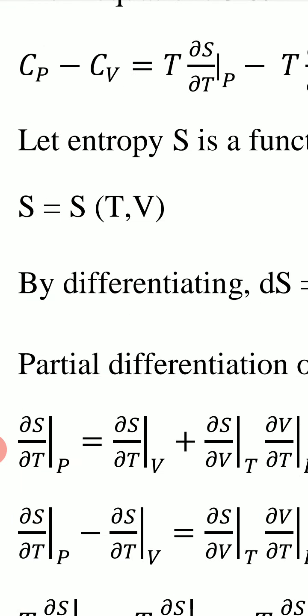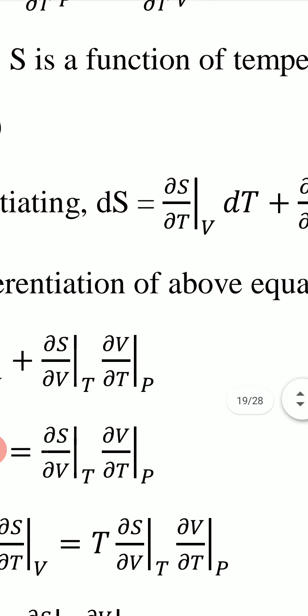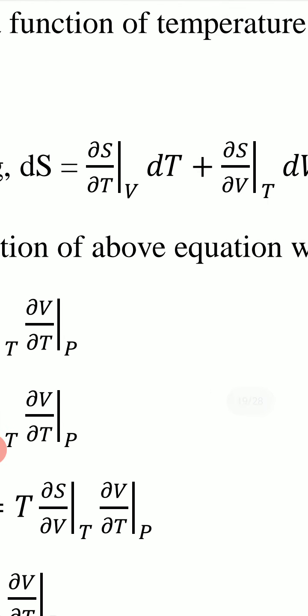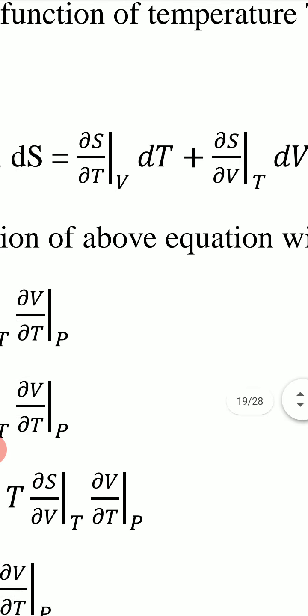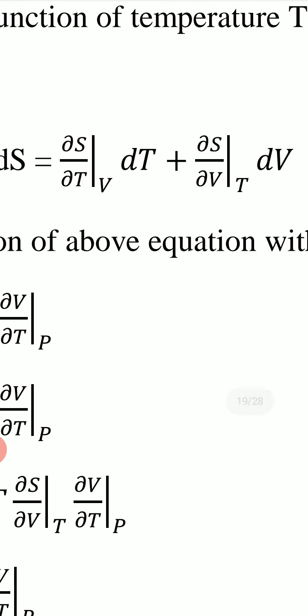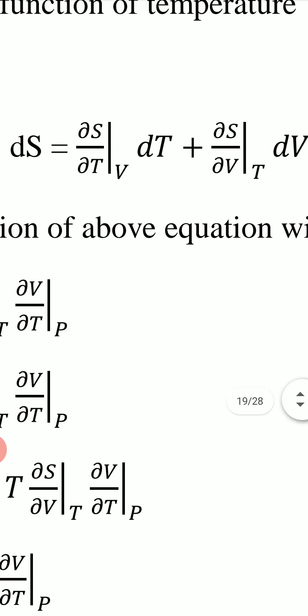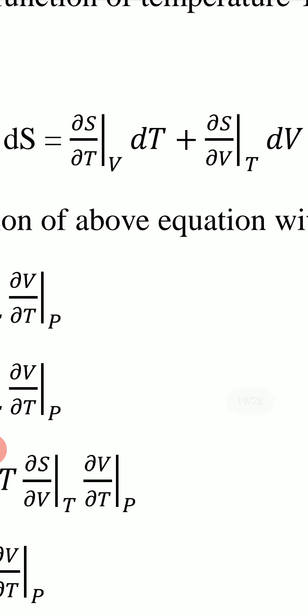Now if we differentiate this, then ds will be equal to delta S upon delta T dt plus delta S upon delta V dV. Since S is a function of T and V, so we differentiate once with T and then with V and get ds equal to delta S upon delta T into dt plus delta S upon delta V into dV.